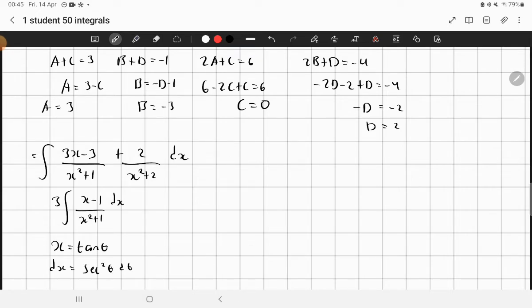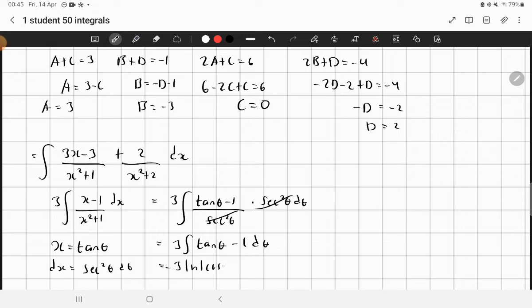So what does it mean? It means that we have 3 tangent theta minus 3, okay, I'm going to substitute directly. So I can solve this. We integrate 3 tangent theta minus 3 d theta. So the integral of tangent theta will be negative ln cosine theta, and then minus 3 theta plus c.